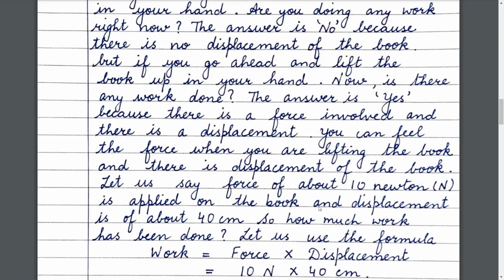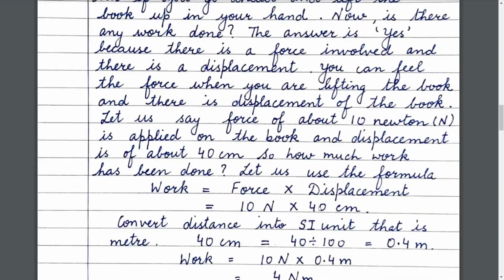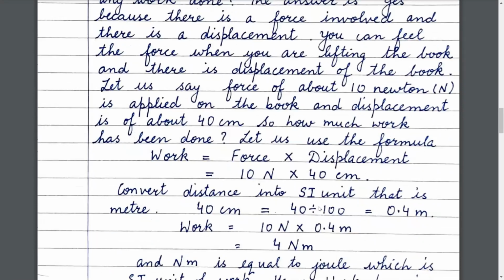So how much work has been done? The formula for work done is equal to force multiplied by displacement. So here force is 10 Newton, displacement is 40 centimeter.